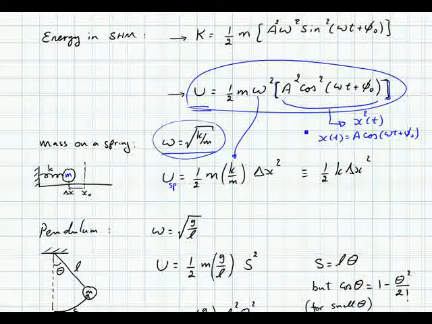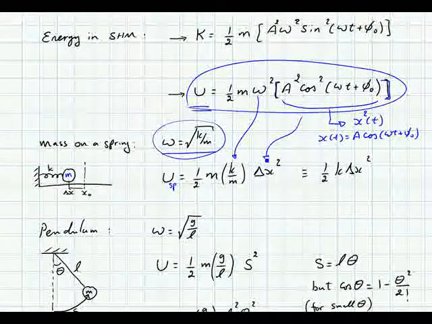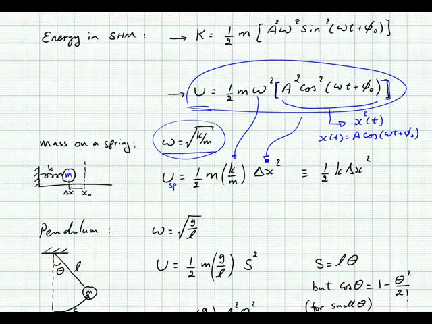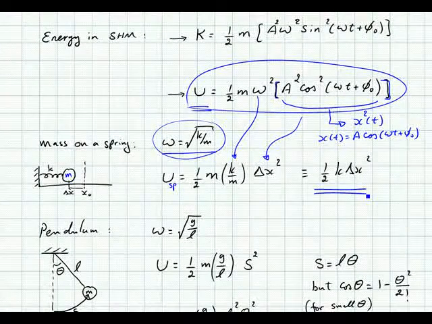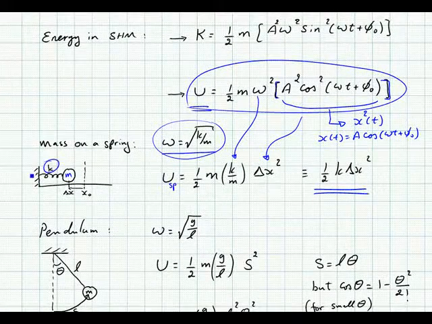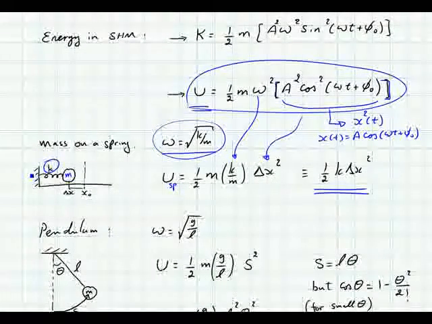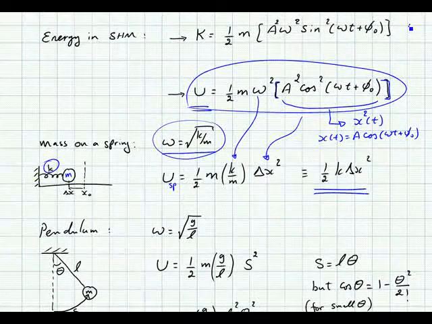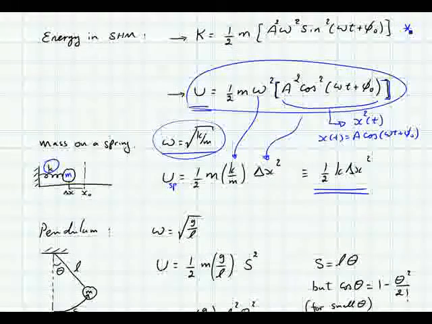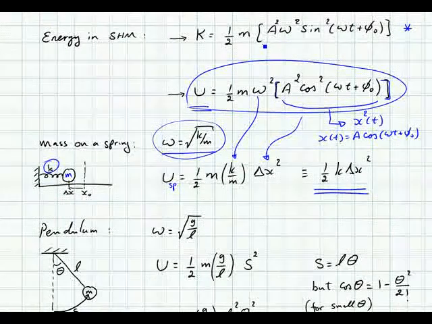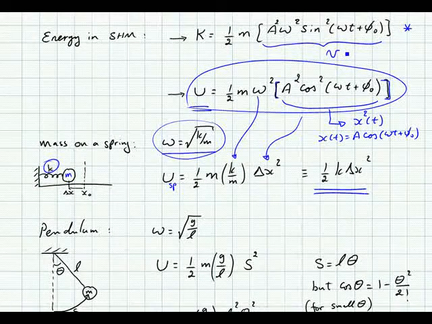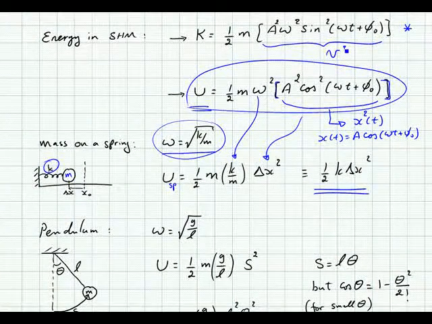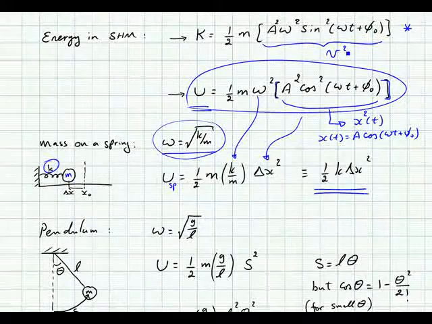So we substitute that in, so that's position squared or displacement squared with respect to the equilibrium, and we end up with the familiar expression for energy of a mass on a spring, which is 1/2 k delta x squared, k being the spring constant. Now, going back to the kinetic energy expression, what I have in the square bracket here is nothing more than the velocity squared for the simple harmonic oscillator.